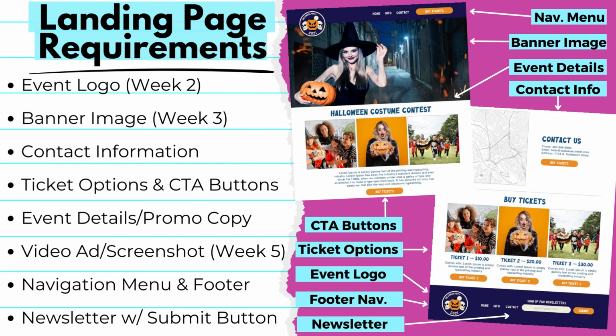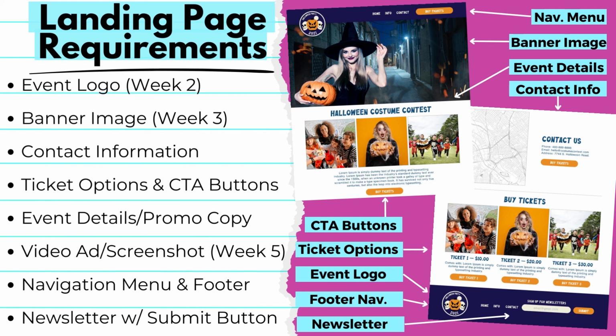Now, here are some landing page requirements that you want to make sure that you're including before you submit your assignment. You want to include your event logo that you created in week 2. You want to include your banner image that you created in week 3, contact information, also ticket options with a call to action button. And throughout the website, you want to include that call to action button.